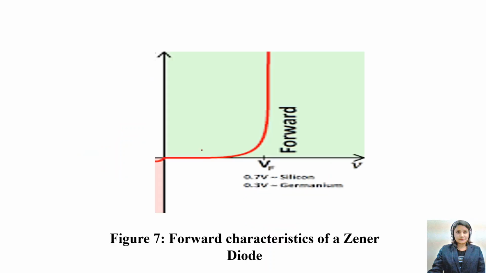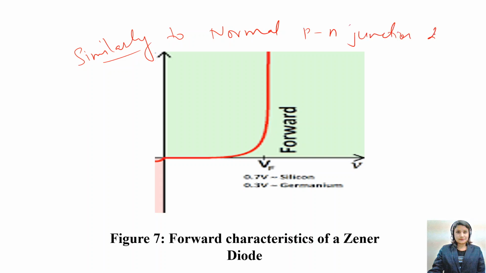So when the Zener is forward bias, I am saying its behavior is very much similar to a normal PN junction diode. So that means the forward characteristics curve of Zener will also be very much similar to your PN junction diode.